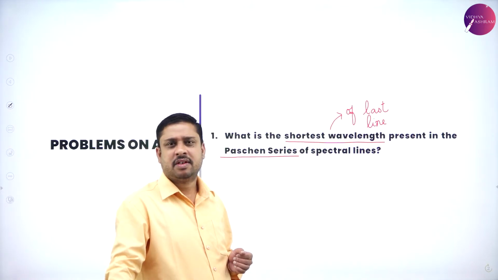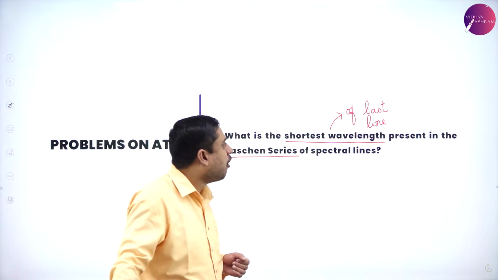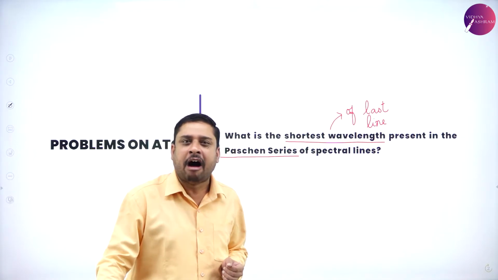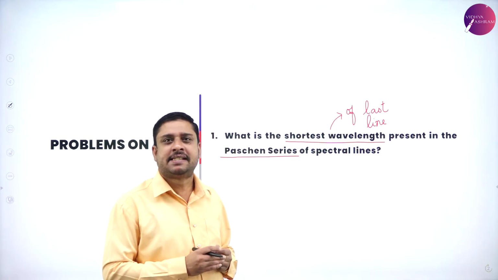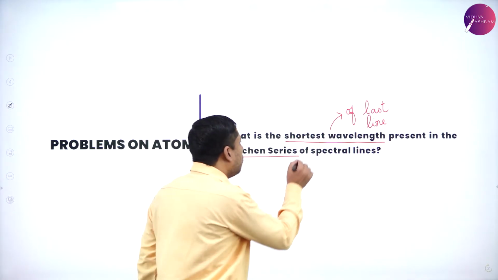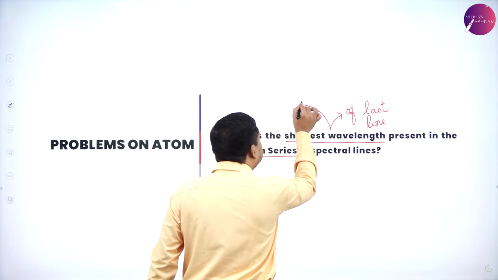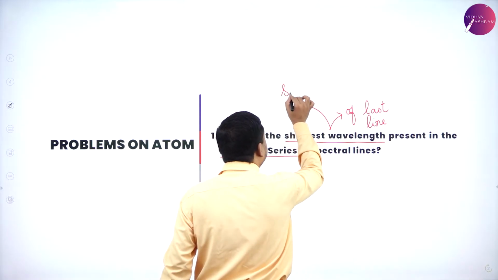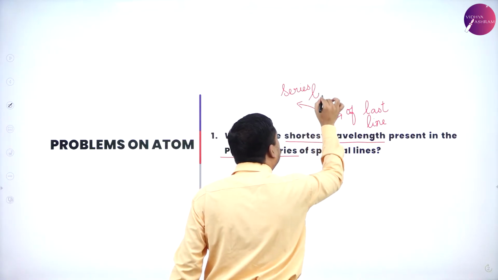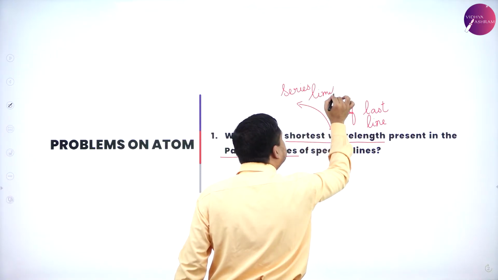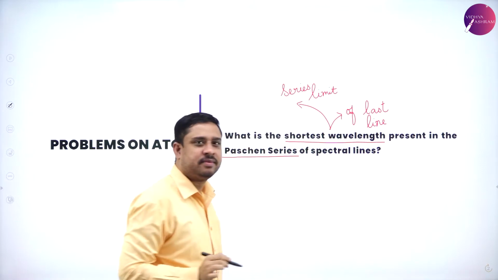What did we call this also as? We also call this as series limit.